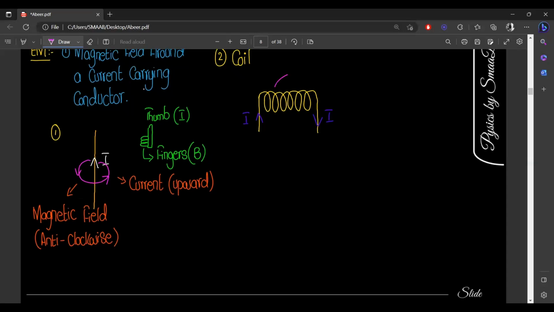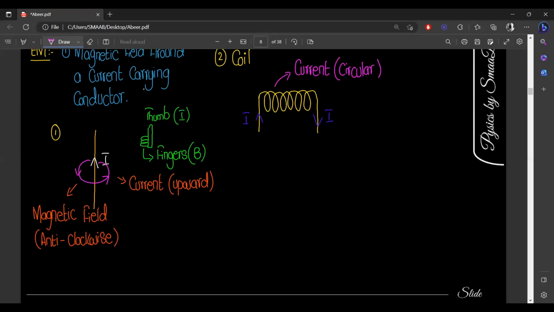Now current is moving in circular form. Now we need to find out the direction of magnetic field. So, sir, will we use the right hand rule?